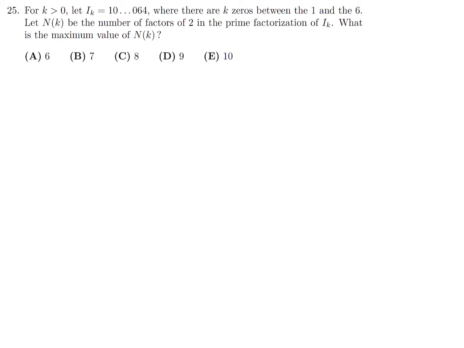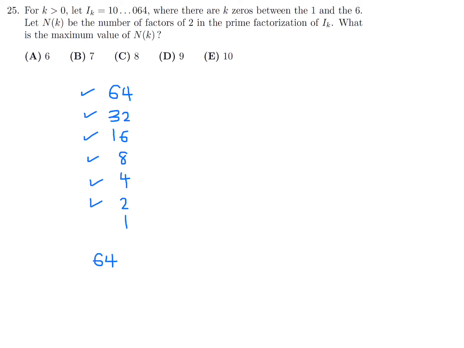So, if you have any number and you divide by 2 and it ends in 64, there's a couple different scenarios. The first scenario is, let's just look at 64 itself. If you divide by 2, you get 32, then 16, then 8, then 4, then 2, then 1. So how many times was I able to divide by 2? 1, 2, 3, 4, 5, 6, right?